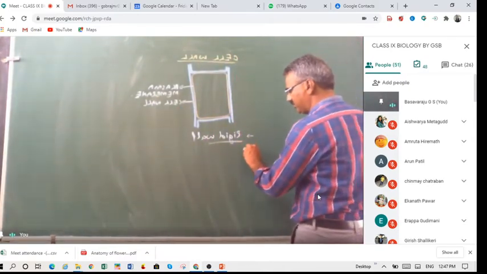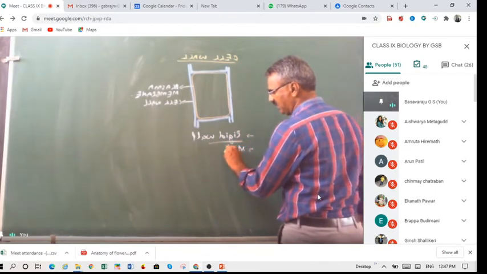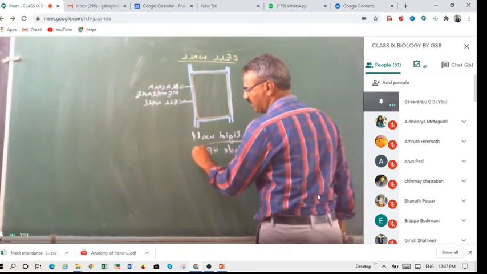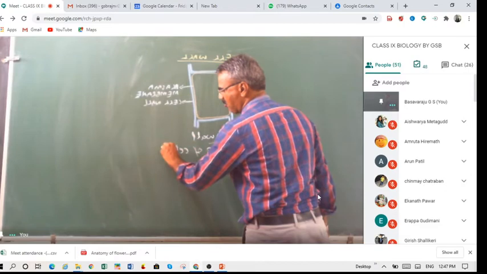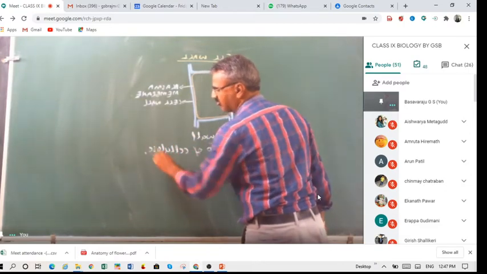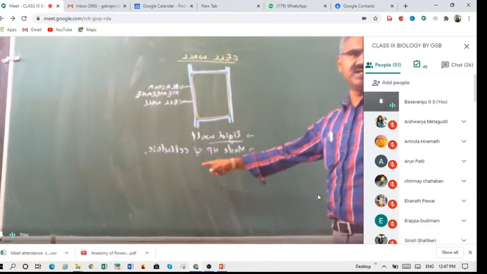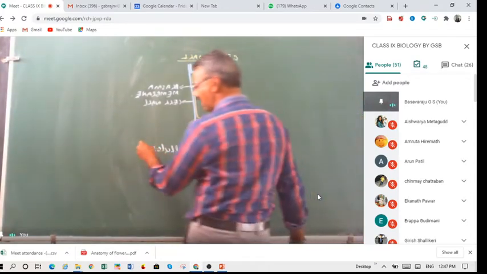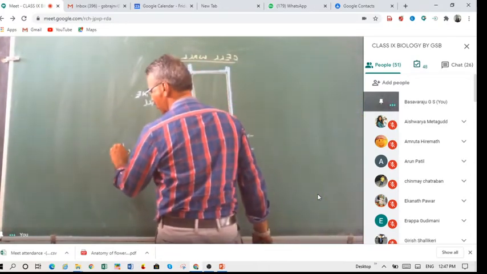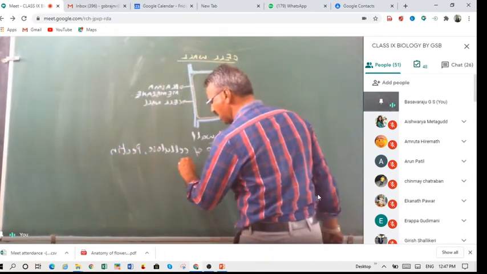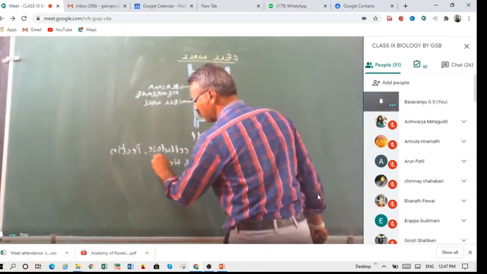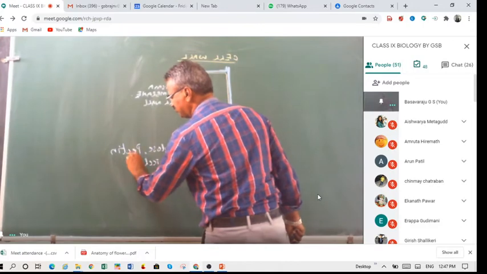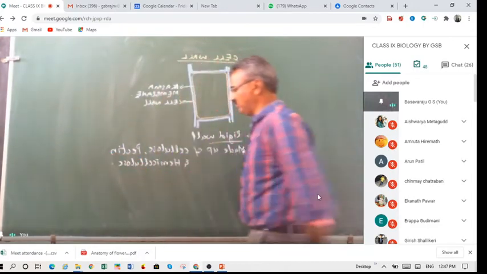Then this is mainly made up of cellulose. Anita, you can see this, cellulose. Then we have pectin and hemicellulose.